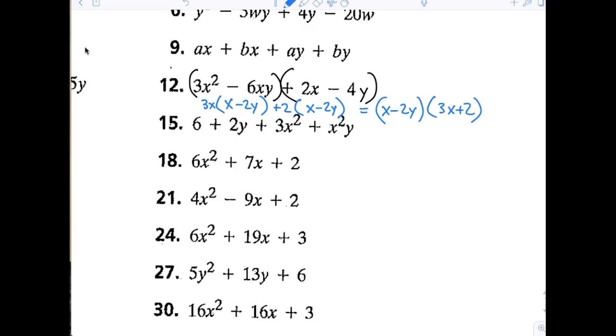If we leave out the addition sign in front of the 2, will you mark it wrong? Yeah, the addition is to show you that you're adding them. If you don't put the addition sign, that means you're multiplying. Right. All right, so let's try number 15.